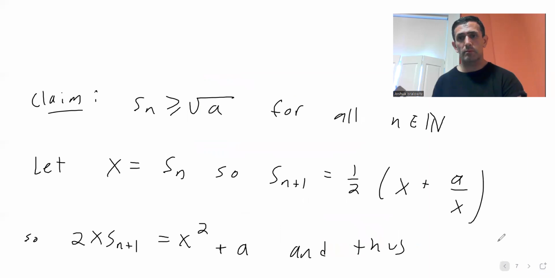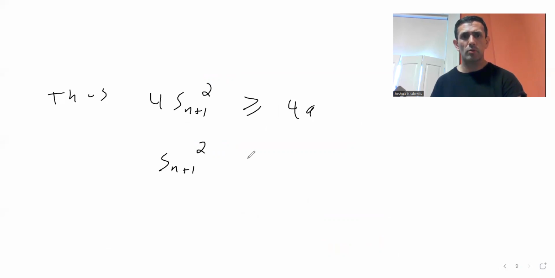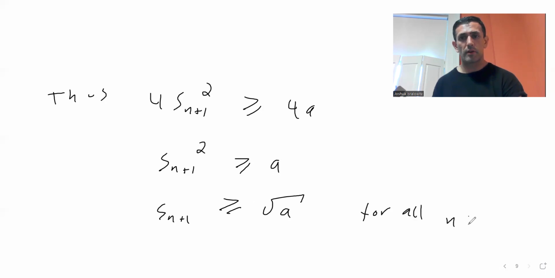Well, it's really 4 times Sn plus 1 squared. So 4 Sn plus 1 squared is bigger or equal to 4a. So Sn plus 1 squared is bigger or equal to a. Same thing as Sn plus 1 is bigger or equal to square root of a.